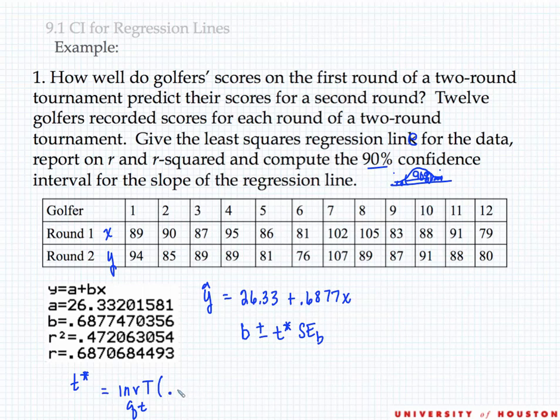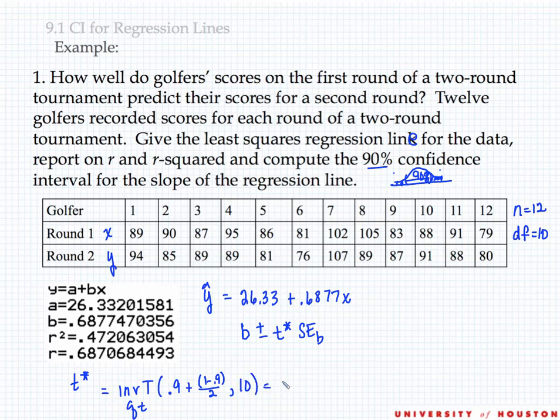So we're going to do inverse t of 0.95, or rather 0.9 times 1 minus 0.9 over 2. And our degrees of freedom, a little different from our other tests, is n minus 2. We have 12 pieces of data, so our degrees of freedom is 10.